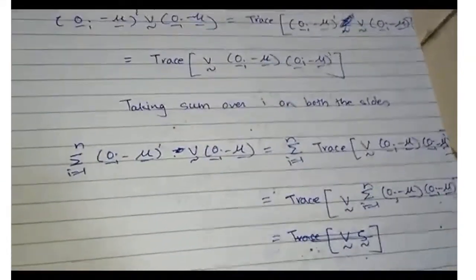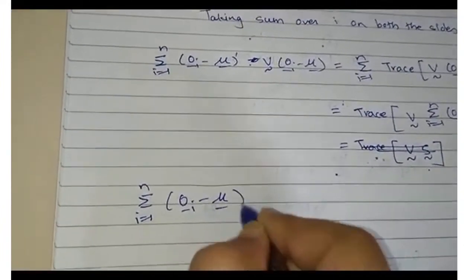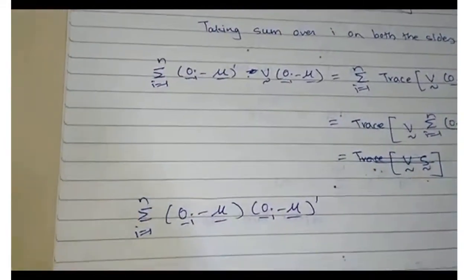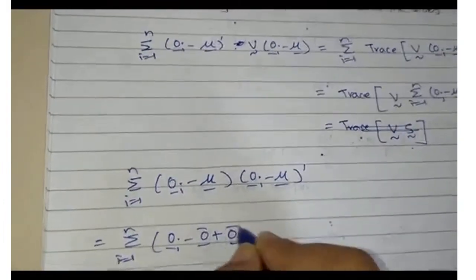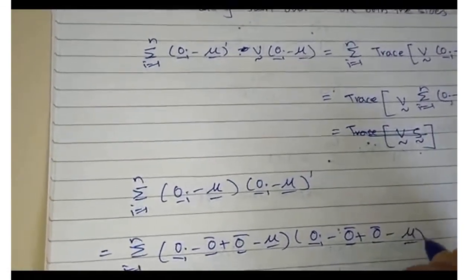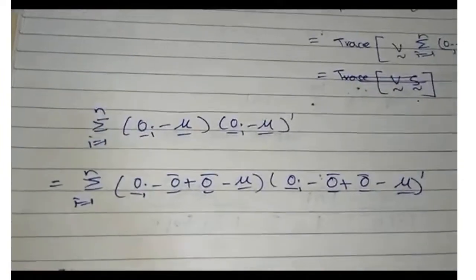What I'll do is take the sum over i going from 1 to n of y minus mu, and I will try to bring in the mean. So y minus o bar plus o bar minus mu, and then y minus o bar plus o bar minus mu prime. Okay, so I'm adding and subtracting the mean.